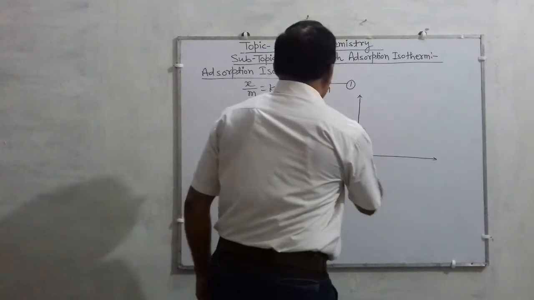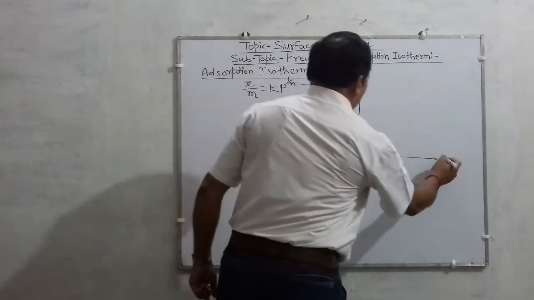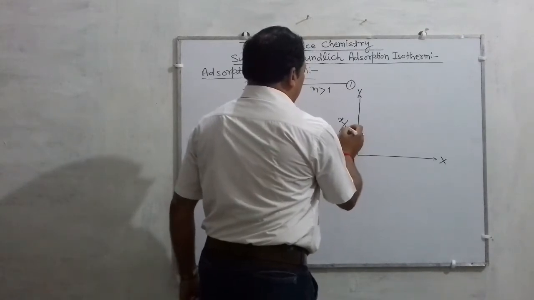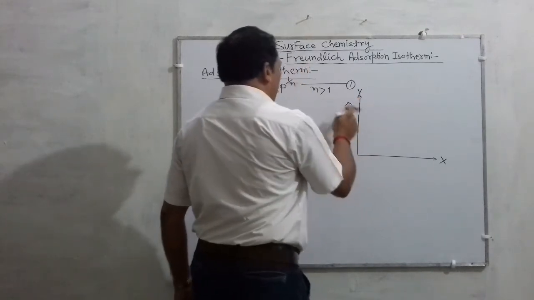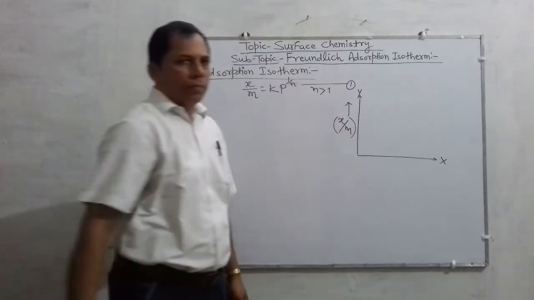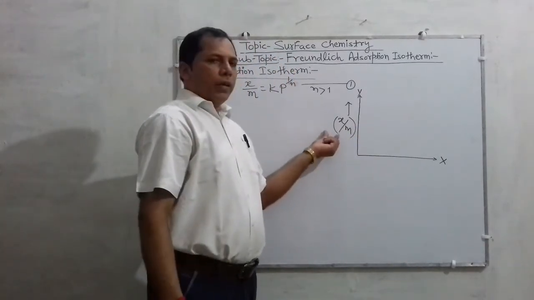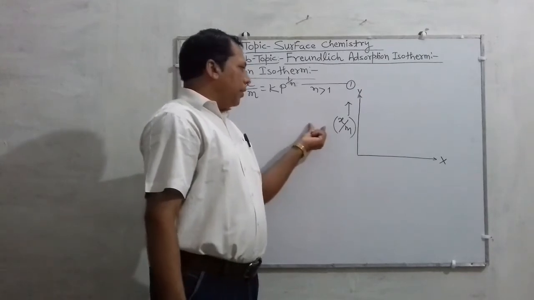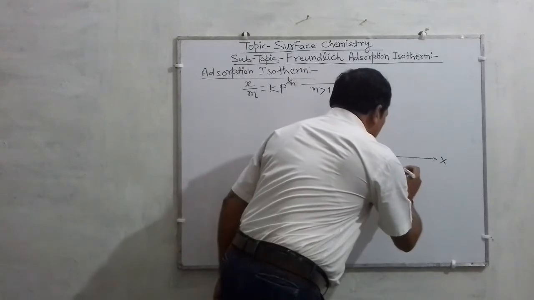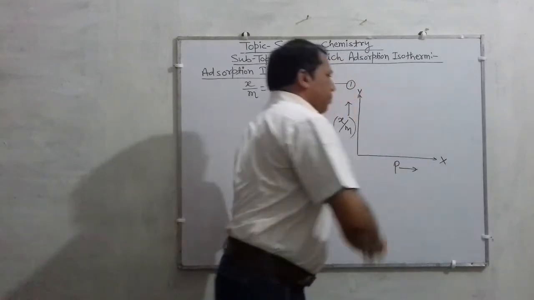Alright? So suppose this is your x-axis, this is your y-axis, and on the y-axis we are going to plot x by m, the extent or magnitude of x by m. And what is x by m? It is the magnitude of adsorption, x upon m, and that is plotted against pressure. This is pressure.